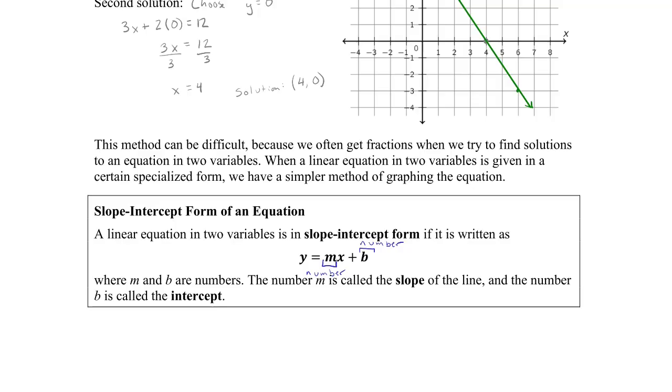The first number, m, is called the slope. The second number, b, is called the intercept. And so this is the slope-intercept form, because it's the form that includes the slope and the intercept. Okay, let's look at some examples and see if we can figure out what information the slope and the intercept give us related to the graph.